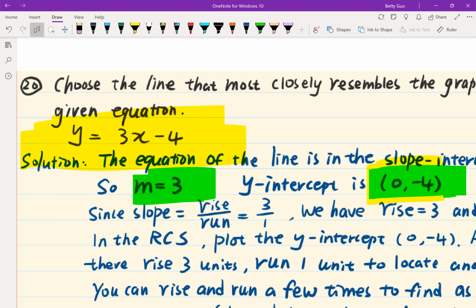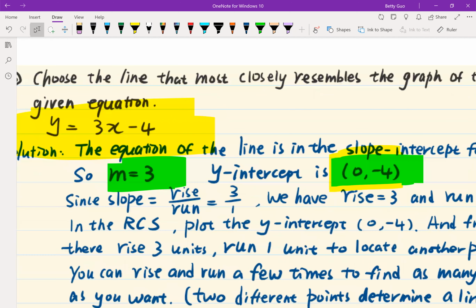If you see a line going down, would you choose that? Of course you don't. The slope 3 is positive, so the line you choose has to go up.